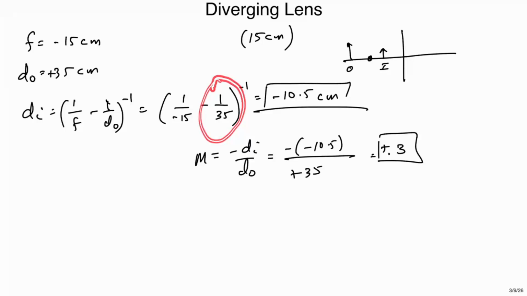So if you take a bigger positive number and subtract off a small number, it's still going to end up positive, isn't it? In which case we would have gotten a positive sign, and then we look at the picture and we know instantly something's gone wrong. We know it has to be negative because the object and the image have to be on the same side. So, yes, the sign conventions are important and they're where you're going to mess up.